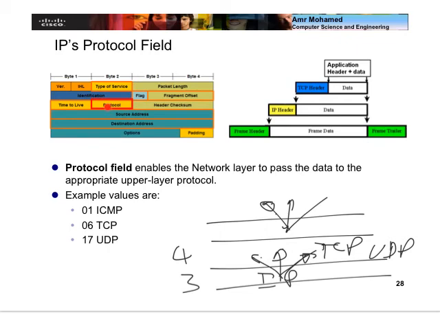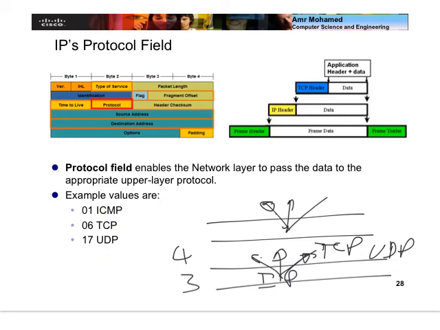So the protocol field will tell us that the upper layer protocol that's responsible for processing this packet is either ICMP, we'll talk about it later, or TCP or UDP. Or it could be any other transport layer protocol, which is not in this list, in which case it will have a number.